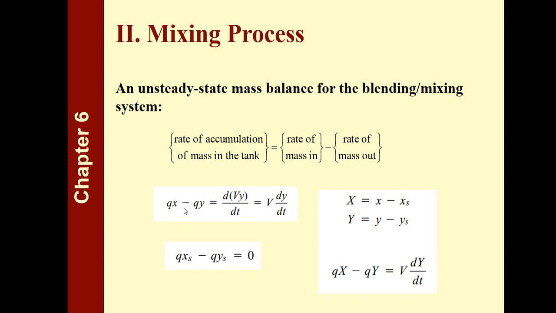Now at steady state, we will evaluate these three terms here, and that would be Qxs minus Qys on the left side, where S represents steady state values for X and Y respectively. And since at steady state there won't be any changes in the concentration inside the tank, that would be 0. Now if we will note that deviation variables are represented by capital letters X and Y for concentration of the fluid entering the tank and concentration of the fluid leaving the tank respectively, then if we subtract the second equation from the first, it will yield this particular differential equation.